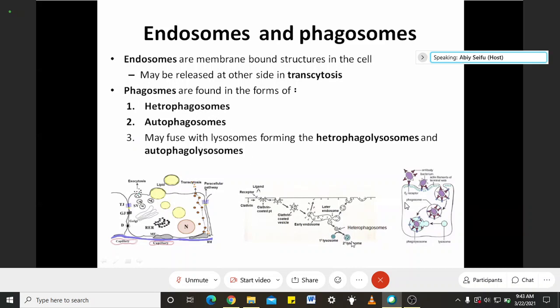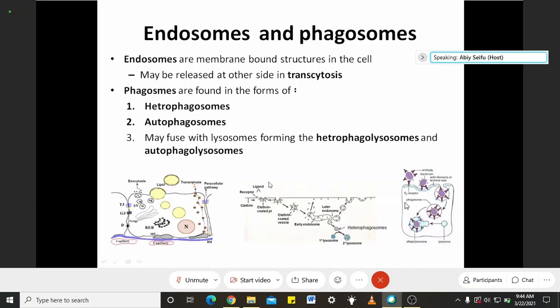And when they come to fuse with the lysosomes, they make a fusion with the lysosomes and are named as heterophagolysosomes or autophagolysosomes. Within the lysosomal membrane, these are to be digested and their fate is now finished.